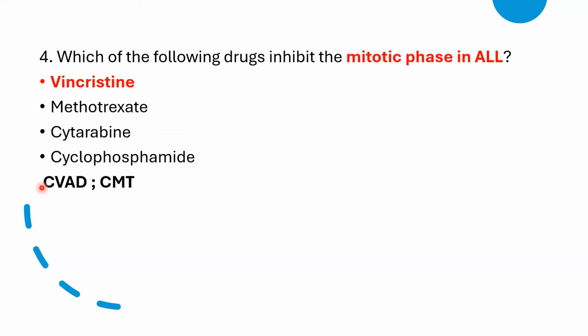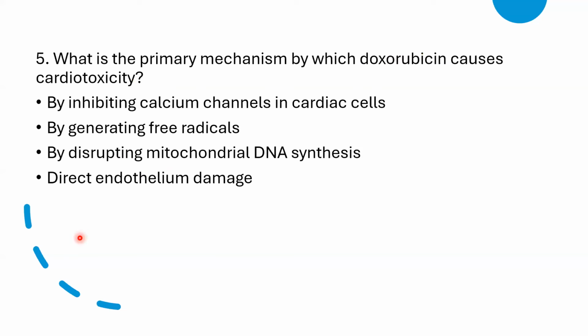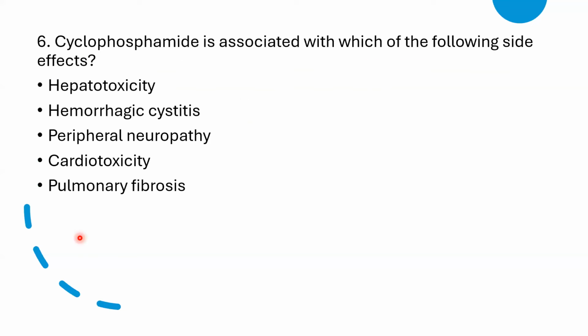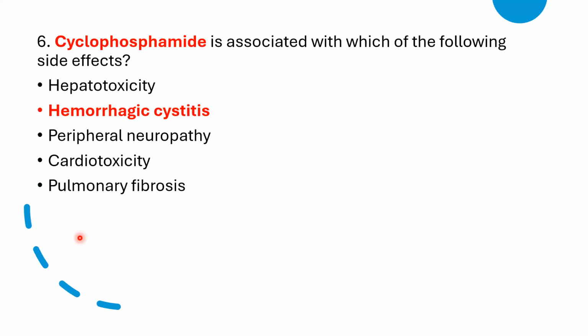Like we said, when you see CVAD for ALL, it's either cross-linking, mitosis, or topoisomerase. And the order of these three is the order of the alphabet, okay? Then just match C with the C, V with the M, and A with the T. So mitosis, so vincristine. Like we said, free radicals and oxidative stress, same thing. Very high yield.